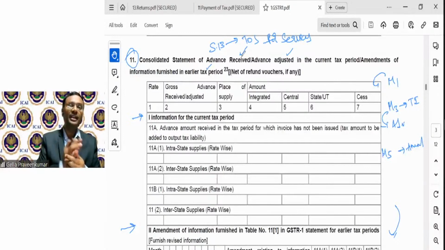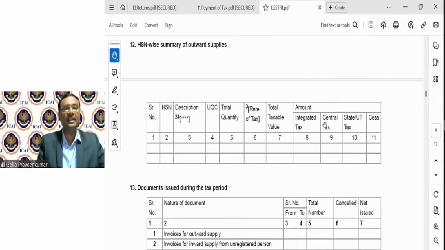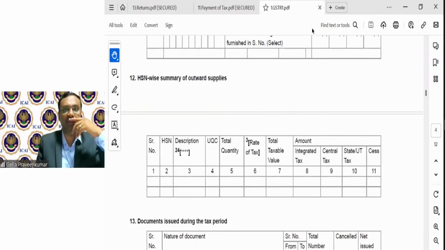Please keep in mind, for advance received, until the service is completed, don't issue a tax invoice. Raise a receipt voucher and disclose it in table number 11. The client will ask, sir, I paid including GST, where are you showing it? Sir, in table 11, I've shown it using something called a receipt voucher. Please take this receipt voucher.